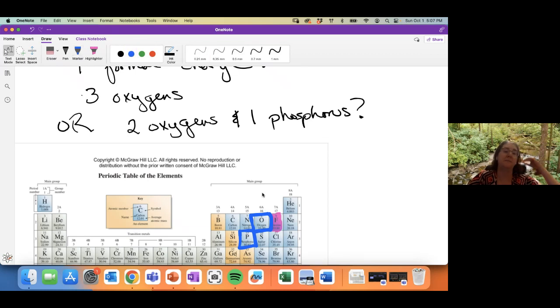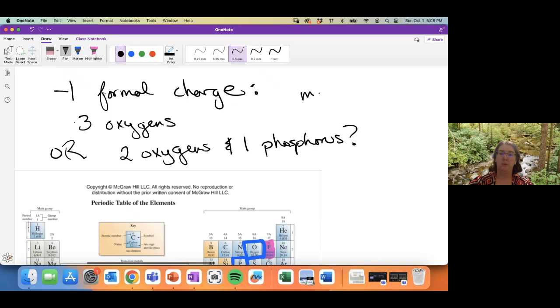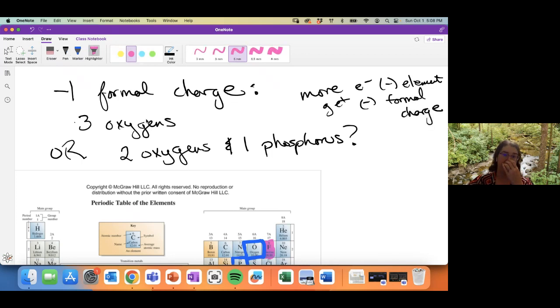Oxygen is more electronegative. Oxygen is going to be better able then, as a more electronegative element, to handle the negative formal charge. So my more electronegative element gets the negative formal charge. That's oxygen. So I want the 3 oxygens to have my negative formal charge.